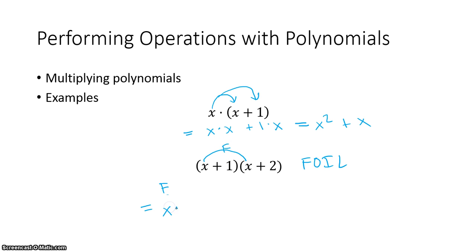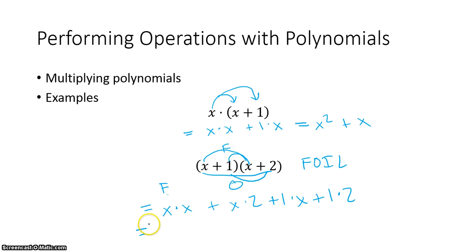That gives me x times x. The O is for outside. So I'm going to do x and 2. I is for inside. So I'm going to do those two. Plus 1 times x. Last, I'm going to multiply the last two together. So plus 1 times 2.